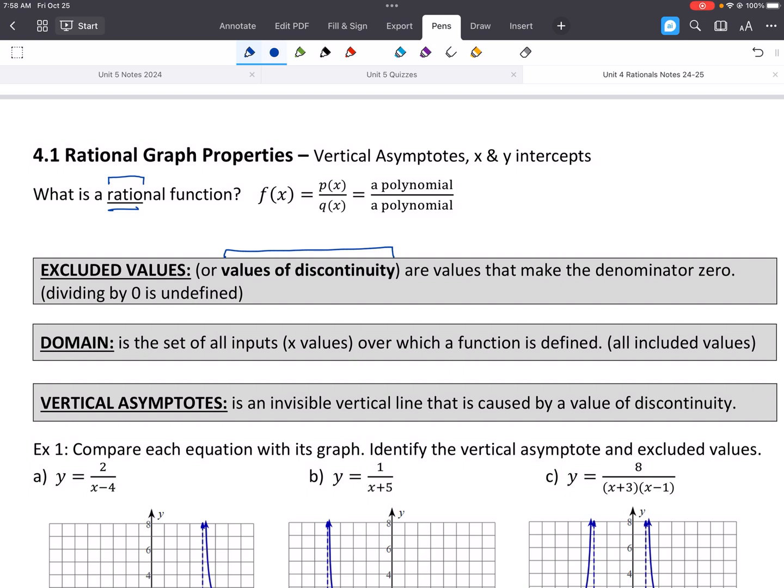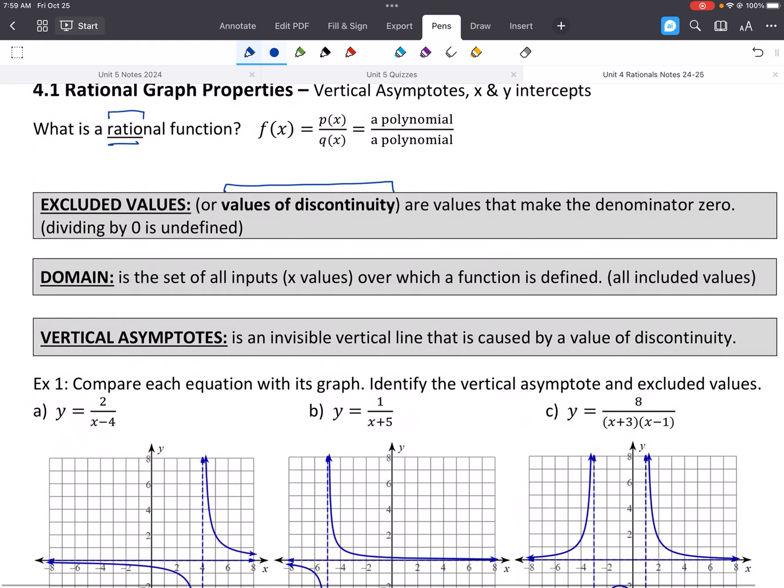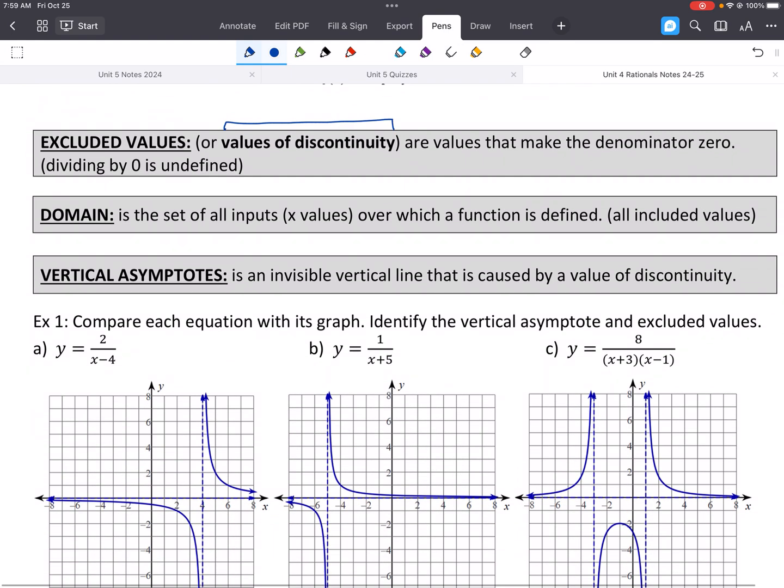So if you can plug in an x and it doesn't cause errors or issues, then it's part of your domain. And then vertical asymptotes, we already kind of talked about that. It's just that invisible vertical line that's caused by the values of discontinuity.